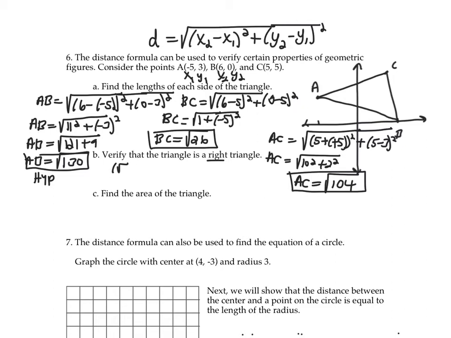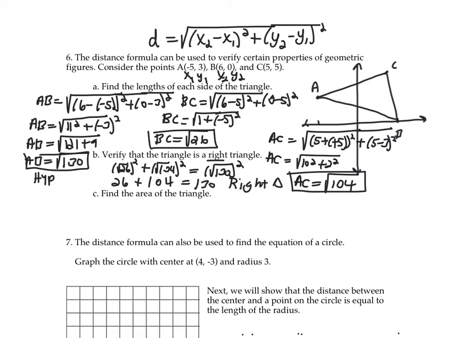We have the square root of 26 squared, plus the square root of 104 squared, and we're going to see if that's equal to the square root of 130 squared. And now you see why I didn't simplify the radicals, because just squaring these radicals means that we'll have 26 plus 104, and you can see that that's exactly equal to 130. So it is a right triangle.